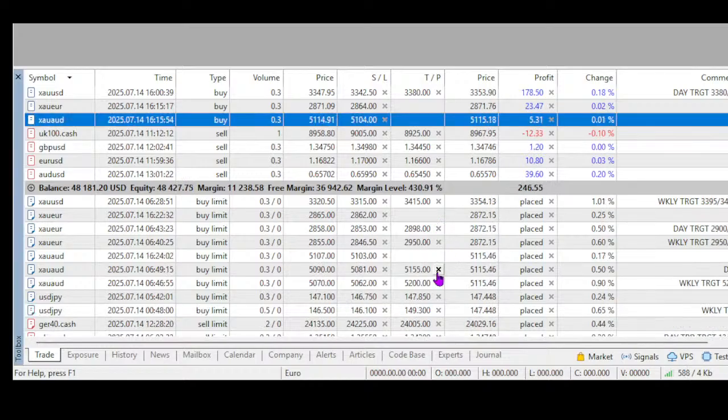So we have two buffer entries for the gold Aussie.